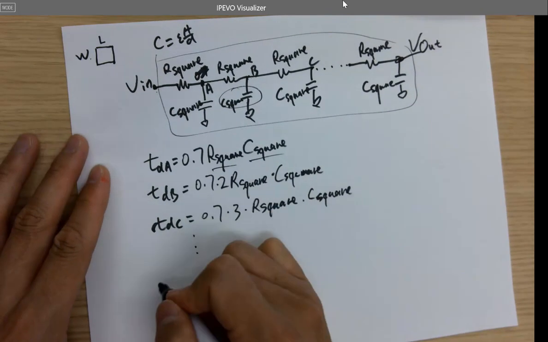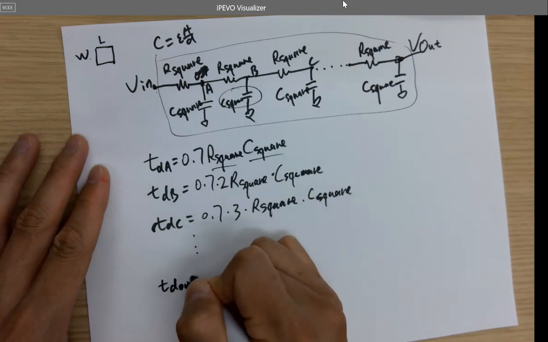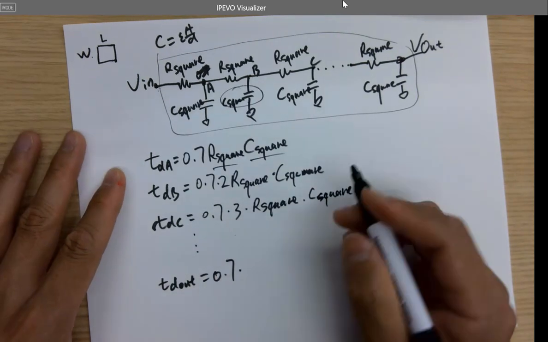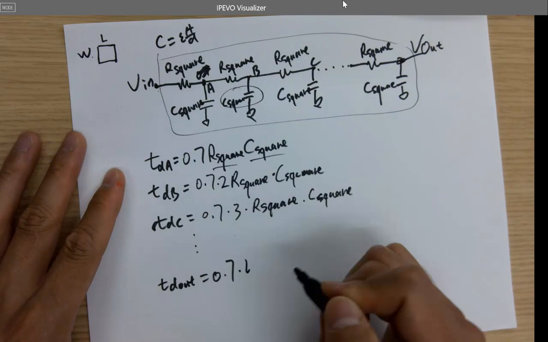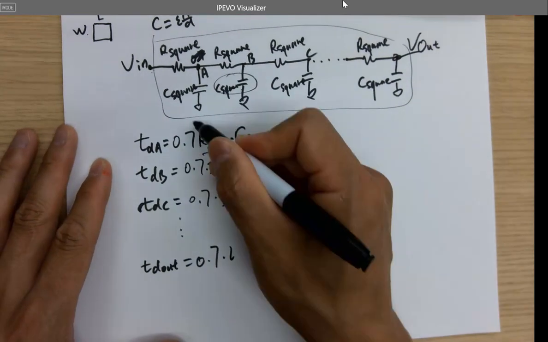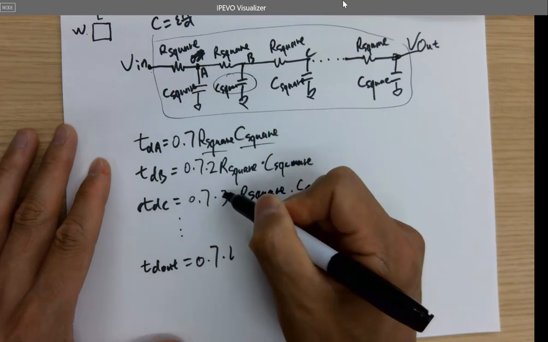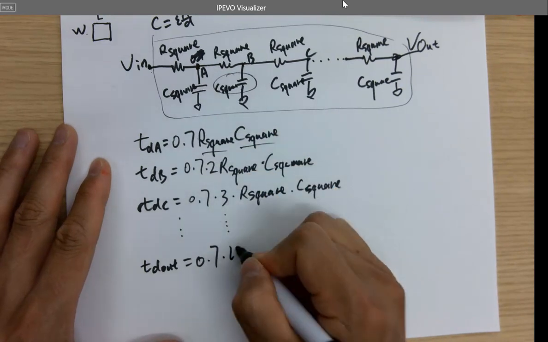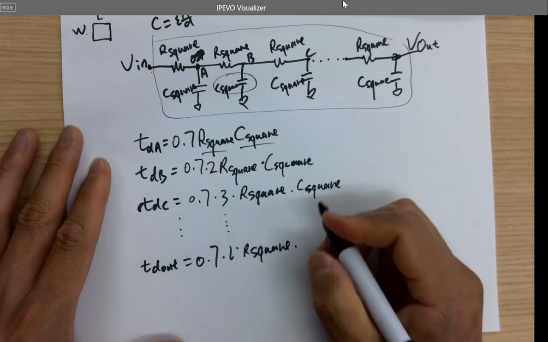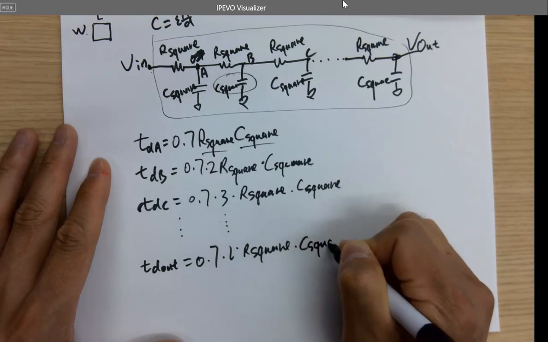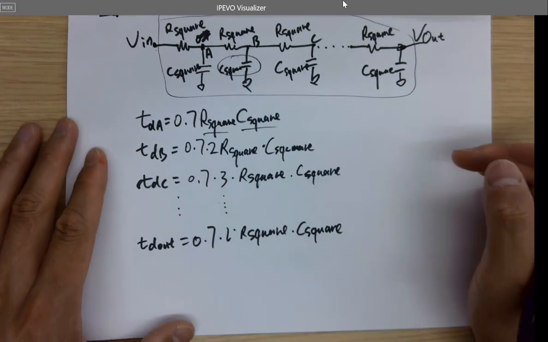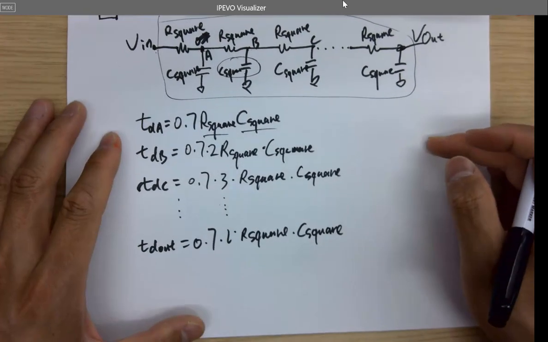And eventually TD out equals 0.7 times, we use L here, L. Why do we use the L? So this is 1, 2, 3, and L times R square. What does L stand for? Yes, length.